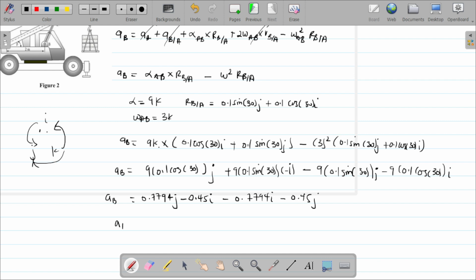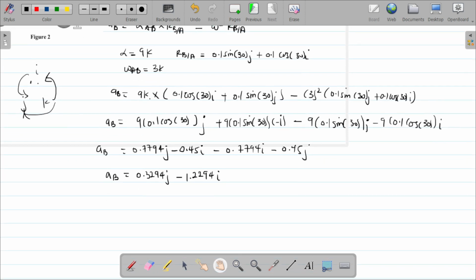So the acceleration of B is equal to 0.3294 j, and then we have minus 0.45 i, so we have minus 1.2294 i. All right.